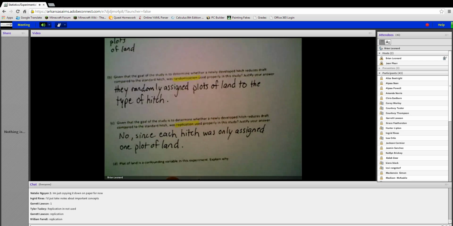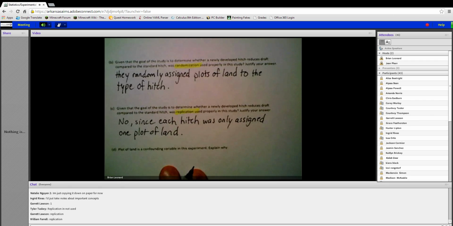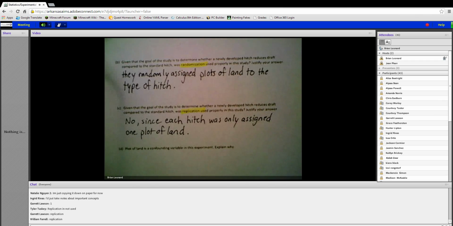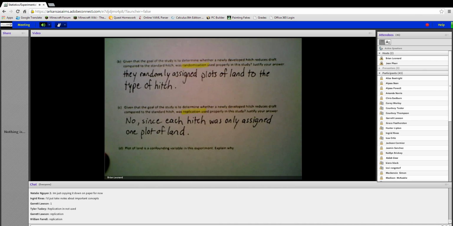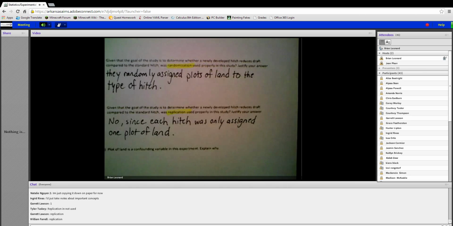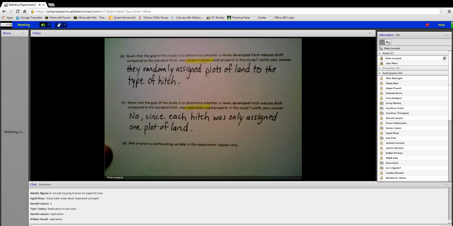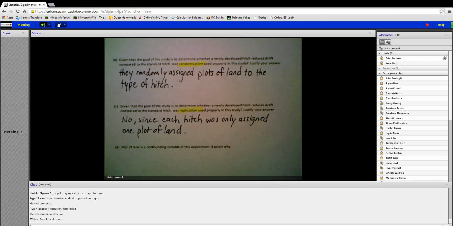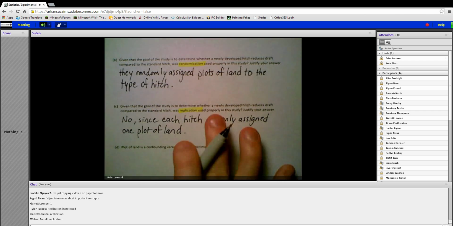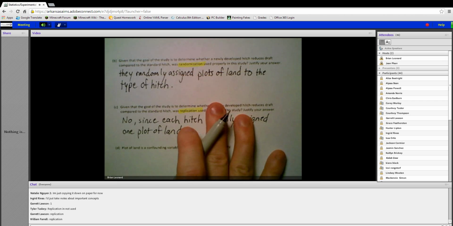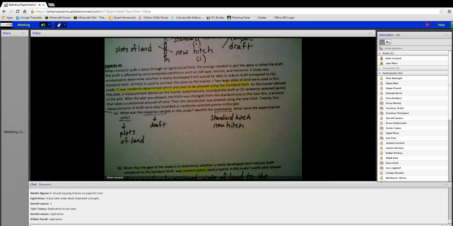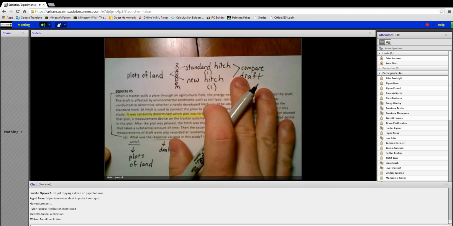All right, let's go to the last part here. If I jump down here to letter D, it tells me that plot of land is a confounding variable. I know I have not found a way to get this to look any clearer, but I hope y'all can read that well enough. Now, let's think about why, again, this is why I draw the picture.